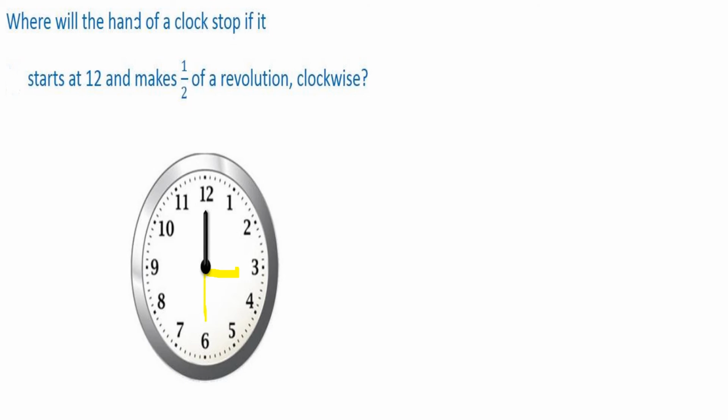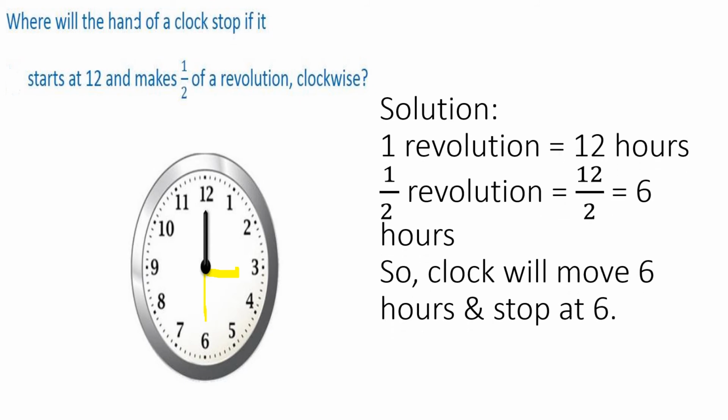So the clock will stop at 6. See the solution. One revolution is equal to 12 hours. So half revolution is equal to 12 by 2, which is 6 hours. So the clock will move 6 hours and stop at 6. I hope you all understood.